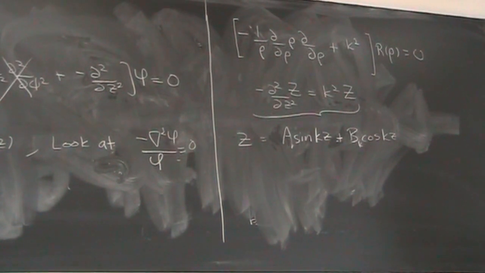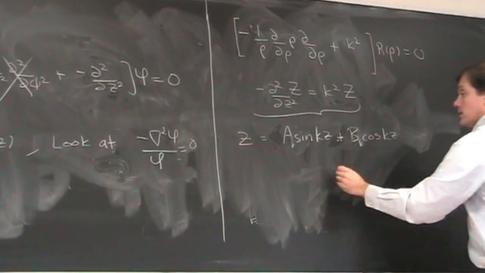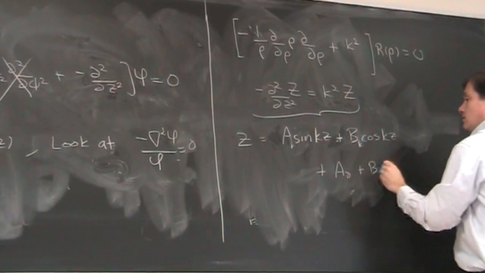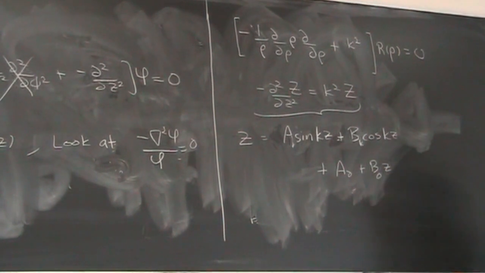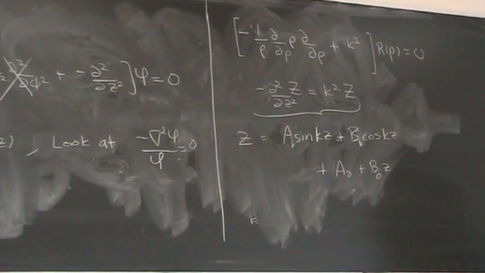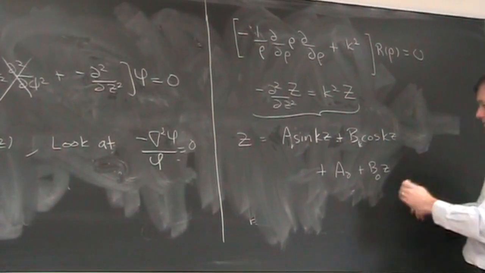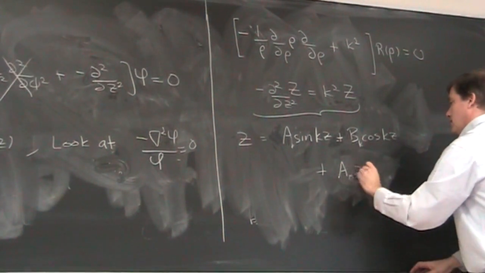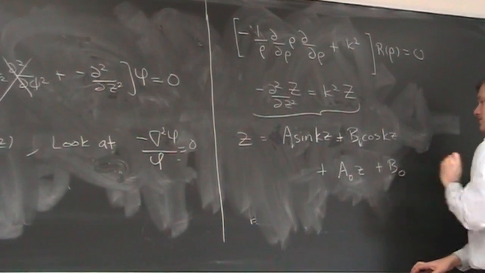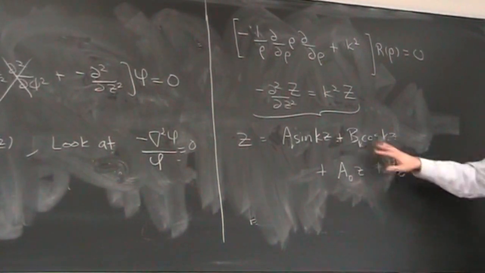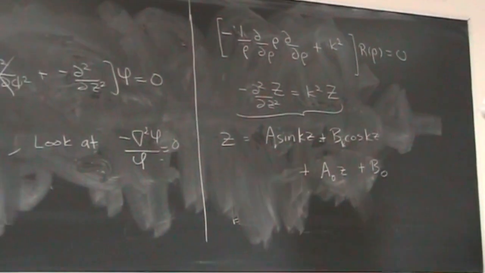And in the case when it's 0, you would get potentially a different solution, which is just a constant plus bz. So at the level of this analysis, you don't know anything. Maybe I'll write a0 z plus b0. And you could maybe understand this as the limit that k goes to 0 of these functions.